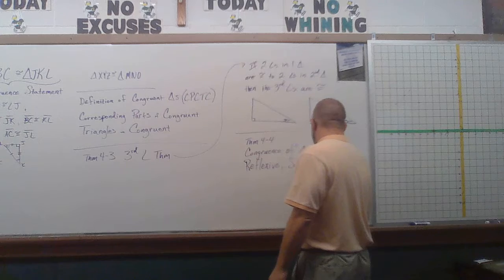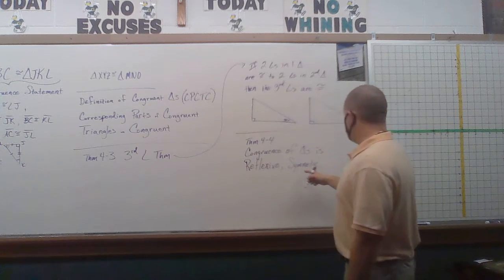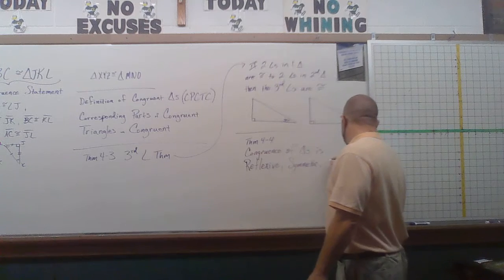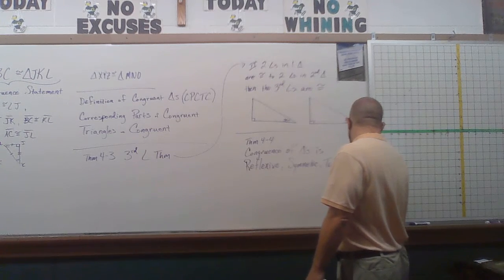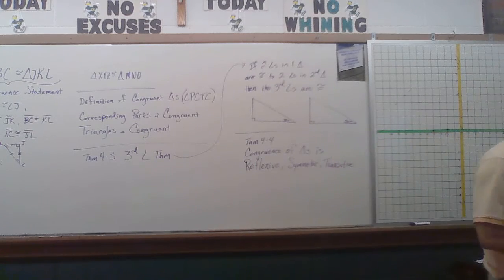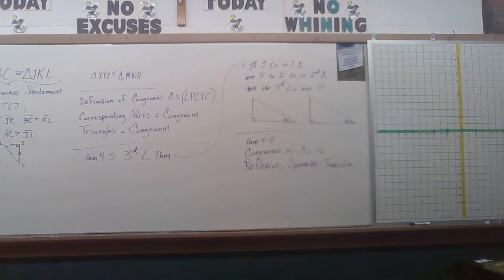Symmetric. And what else? I forgot one. Transitive. Perfect. So what does it mean again? If things are reflexive, they're what? If things are reflexive, basically that means I'm taking a triangle and comparing it exactly to itself.